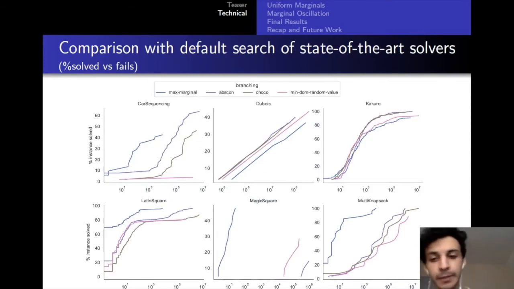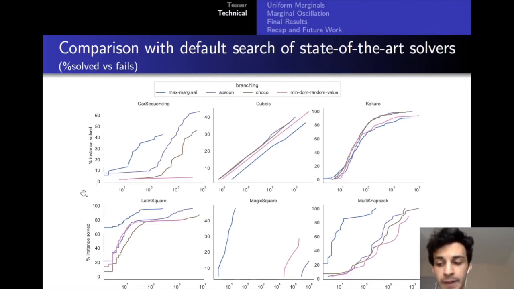So then we compared max marginal against the default search in the best CP solvers of the latest XCSP competition, Choco and Abscon. And as a baseline, we also introduced min domain with rounded value ordering. So again, we plot the percentage of solved instances versus the number of failures.